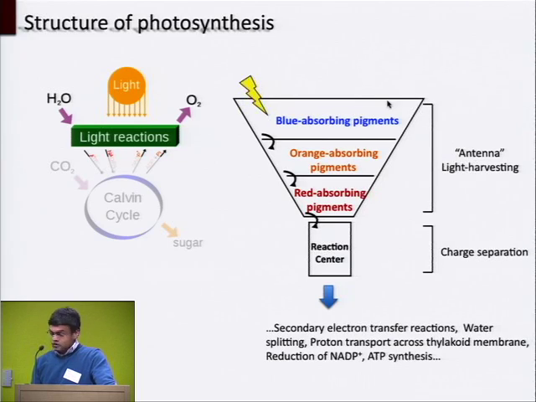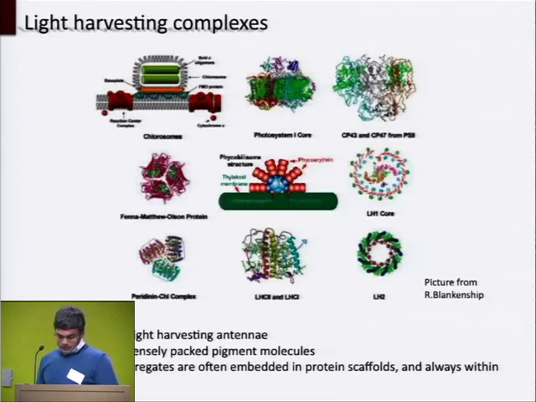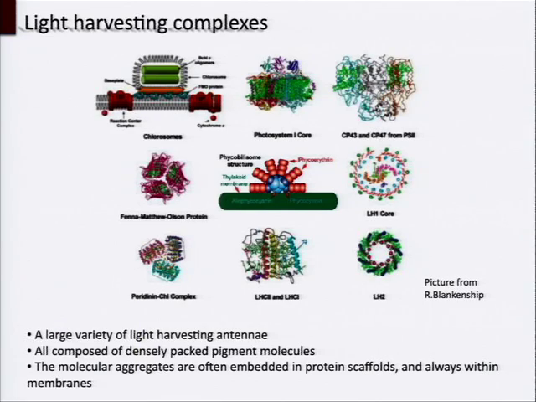So I'm going to now zoom in a little bit more and just focus on this first part, what are called the antenna systems. These are the things responsible for absorbing the light and also eventually transporting the resulting excitation to the reaction centers. Okay, so there's a huge variety of antenna centers. This is just a picture from Blankenship's book.